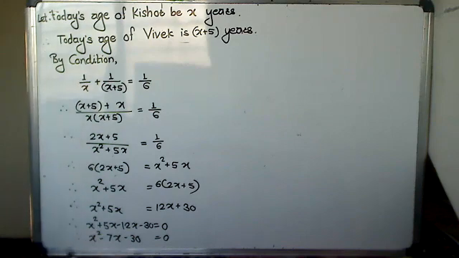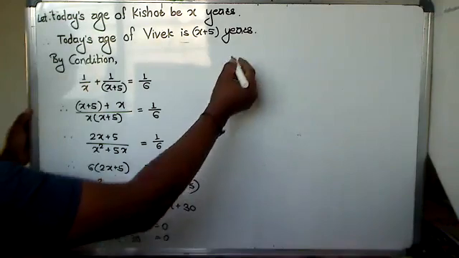Here the sign of the middle term is negative and the sign of the constant term is also negative. It means that the bigger factor is 10 and the smaller factor is 3, and the bigger factor is negative.